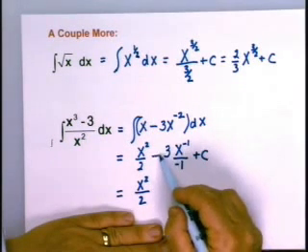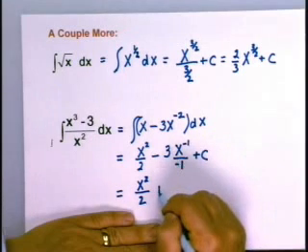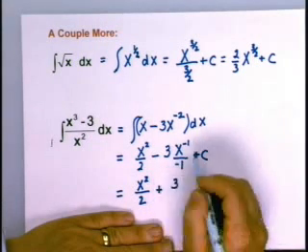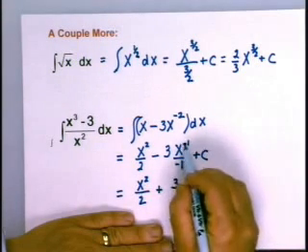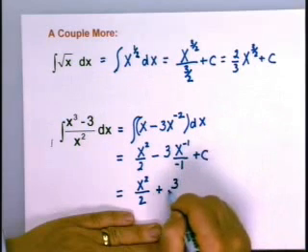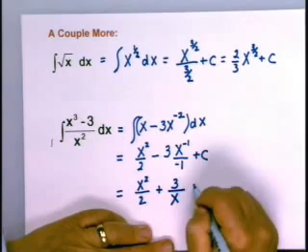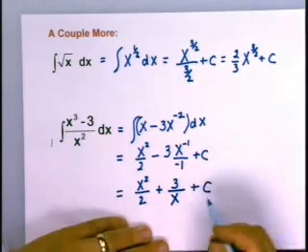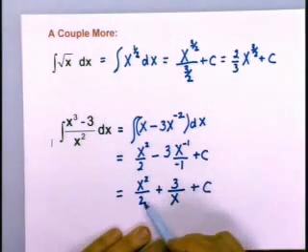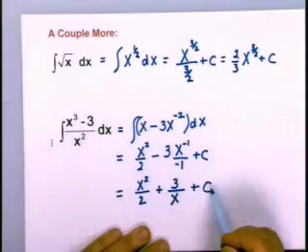First, the -3 divided by -1 is going to leave a plus 3. And then this negative exponent, x^(-1), I'm going to move that to the denominator, 3 over x, plus c. So my final answer, x^2/2 + 3/x + c.